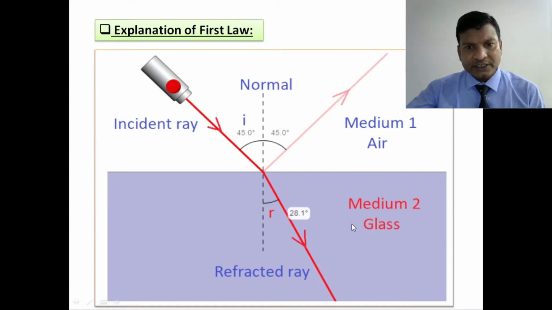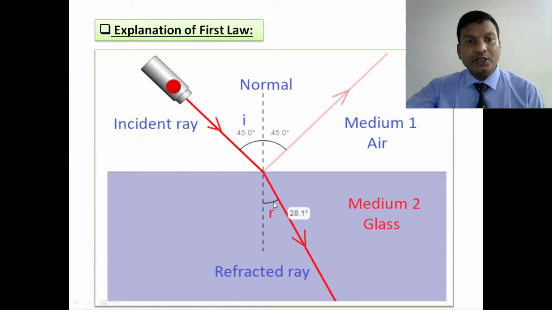You can see it written over there. The incident ray is striking at this point. After that, it is refracting along this direction, therefore it is written refracted ray. The dotted line is the normal, and I is the angle of incidence and R is the angle of refraction.